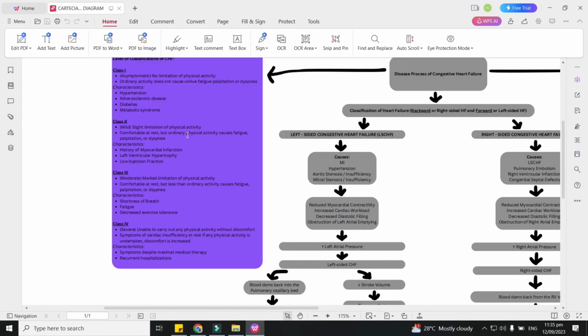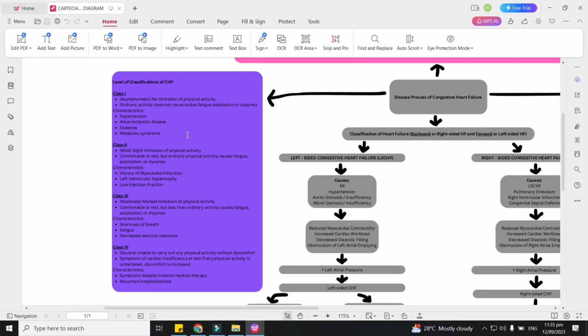According to the American Heart Association, they classify congestive heart failure as stage A, B, C, and D. However, the most used classification of congestive heart failure is according to the New York Heart Association: class 1, 2, 3, and 4.